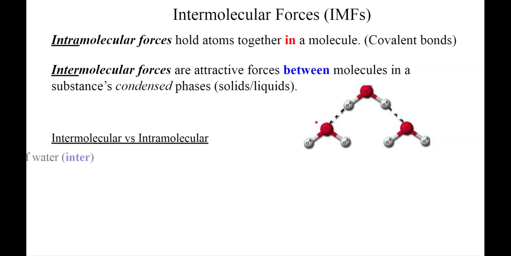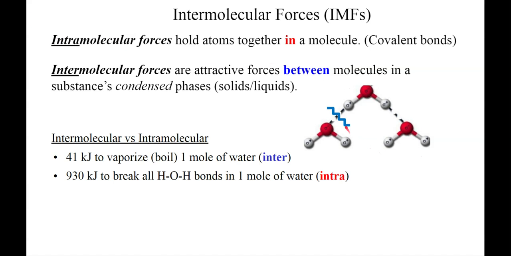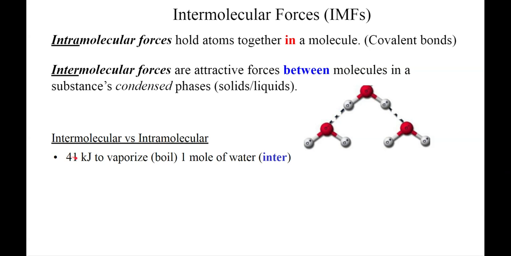Now, they are very, very different. So, for example, if you want to boil water, you have to completely separate the molecules. You are not breaking intramolecular forces, you're only breaking intermolecular. It only takes about 41 kilojoules of energy to boil or vaporize water.